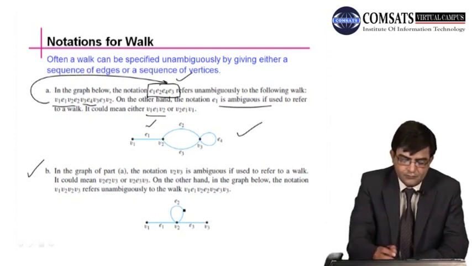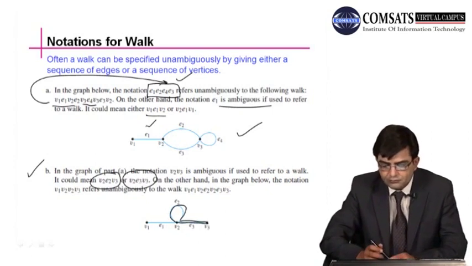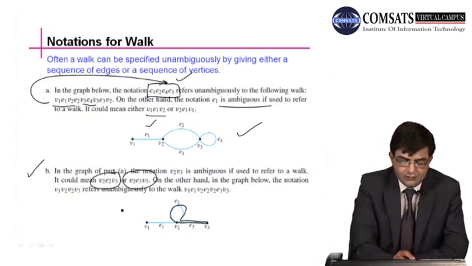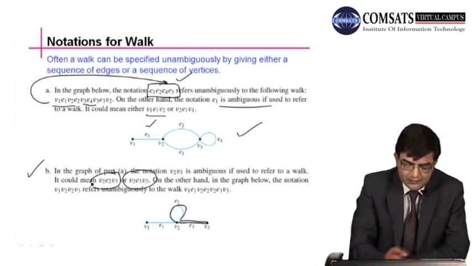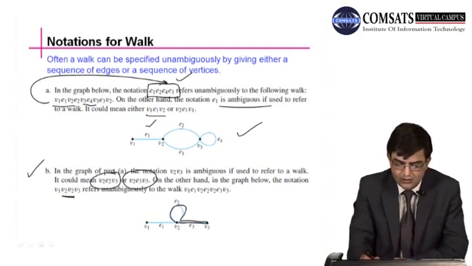So there is confusion whether it's this walk or this walk. On the other hand, in the graph below, the notation V1, V2, V2, V3: V2, V2 means there must be a loop here. That's why we are writing this vertex two times, and then V3.